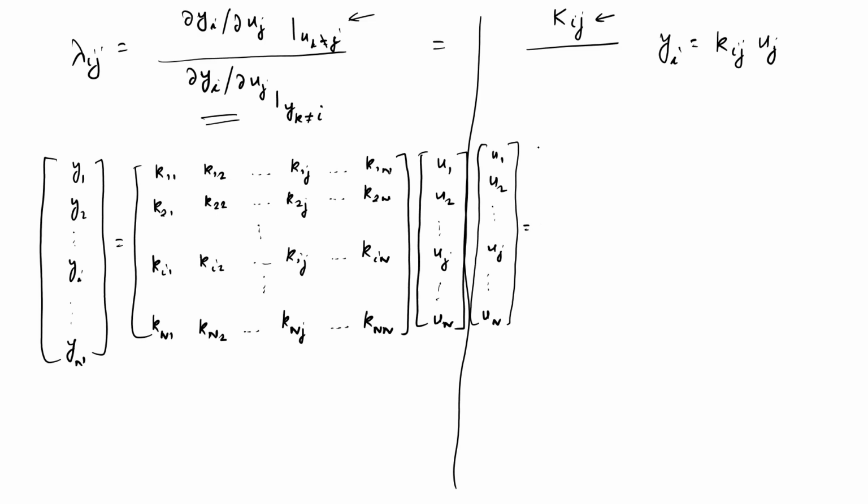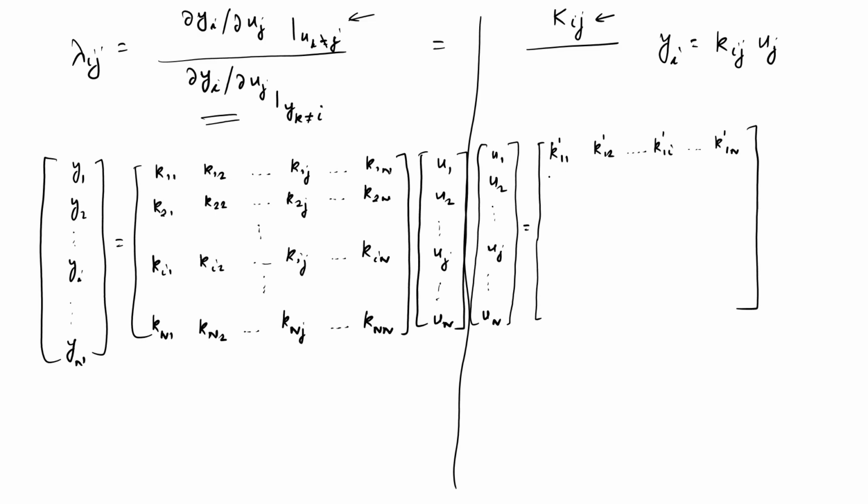It is going to be k prime 1 1, k prime 1 2, k prime 1 i, k prime 1 n.